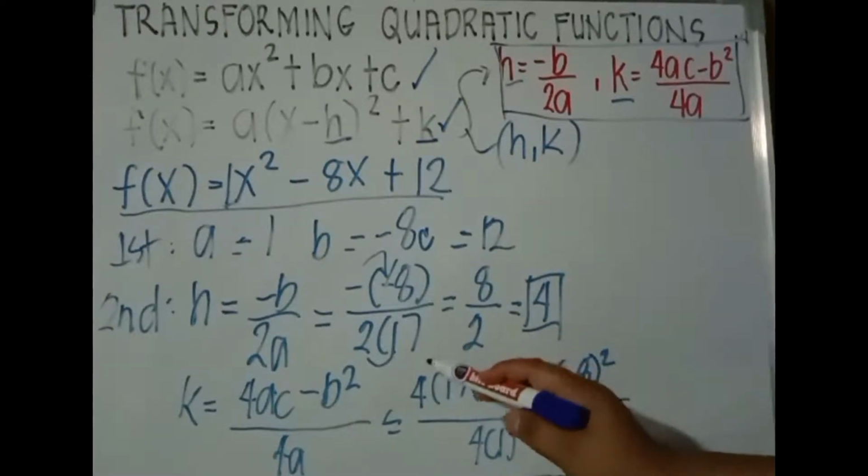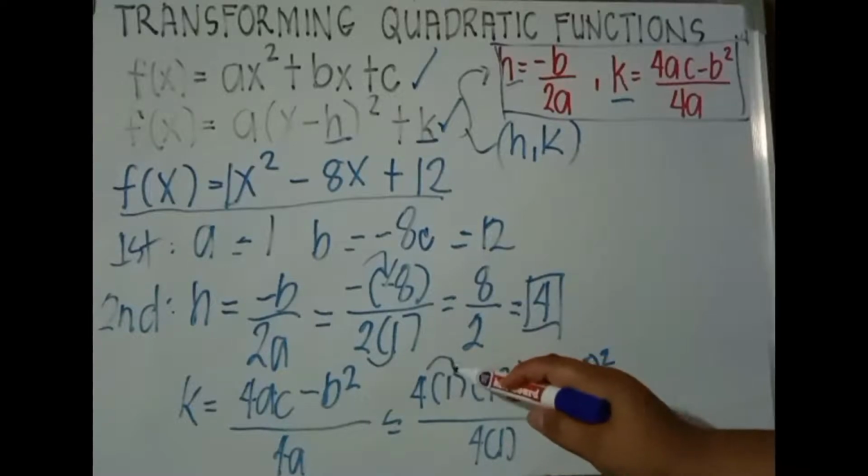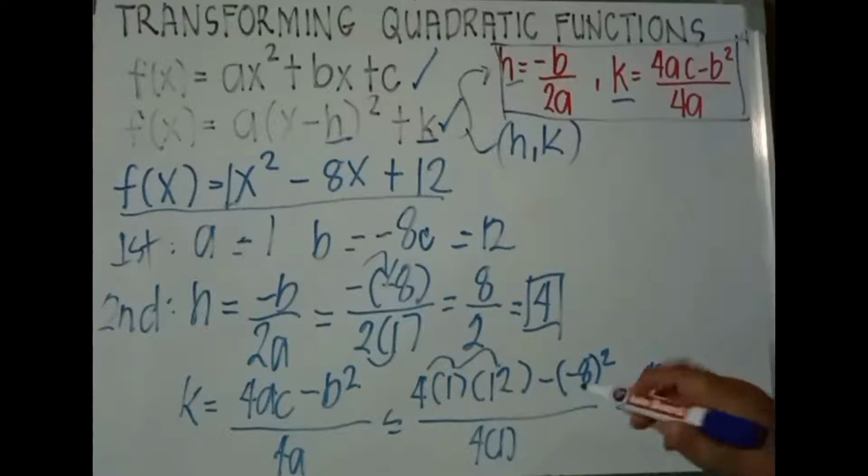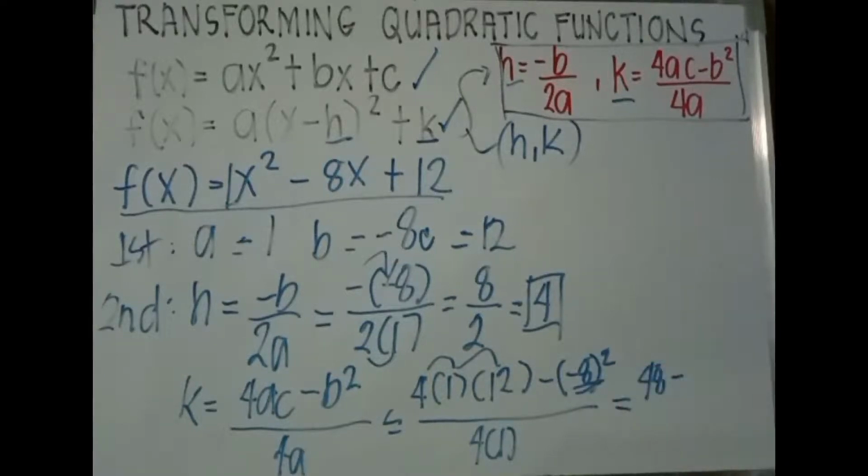Multiplying 4 times 1 gives you 4, times 12 is 48, minus, perform first the expression inside the parentheses. Negative 8 squared gives us positive 64, all over 4 times 1, that is 4.